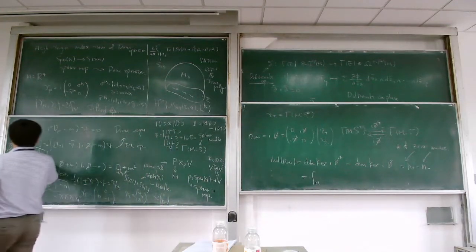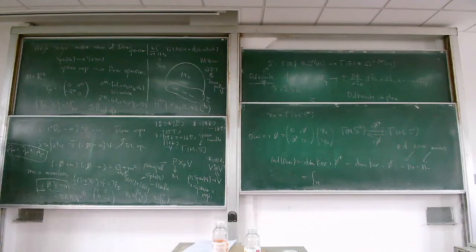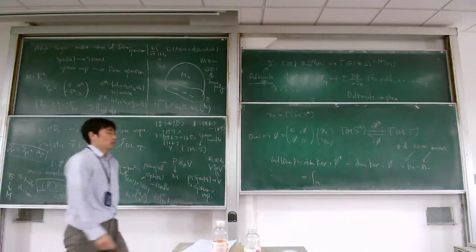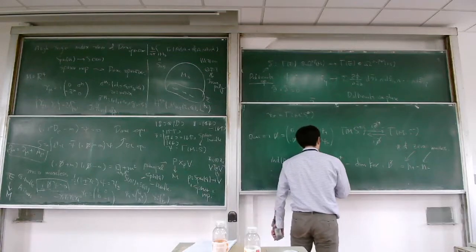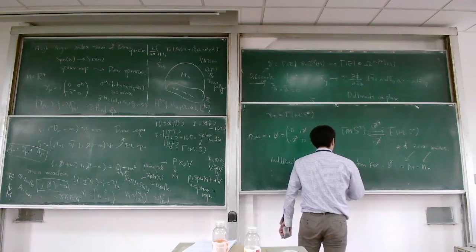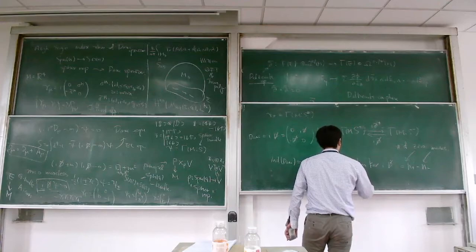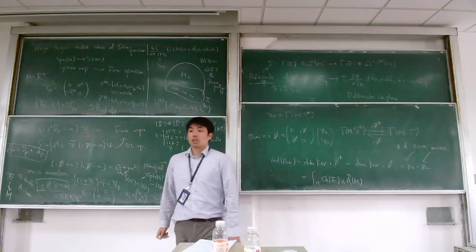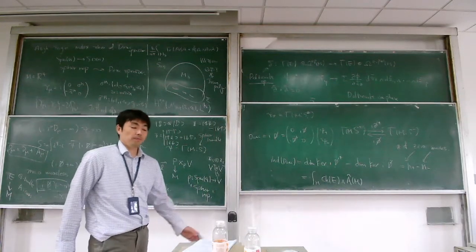So A mu is a connection on some vector bundle. We just consider some connection on a vector bundle E, or a principal G bundle, and A is a connection. Therefore you just introduce the term ch of E times A hat of M. This is the Atiyah-Singer index theorem.